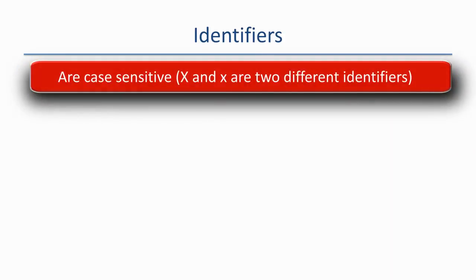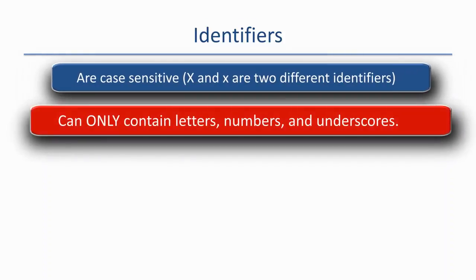So, how to name your identifiers? The first thing that you have to remember is that identifiers are case sensitive. So if you name an identifier capital X, it is not the same if you name it as lowercase x. Rule number 2 is that identifiers can only contain letters, numbers, and underscores.